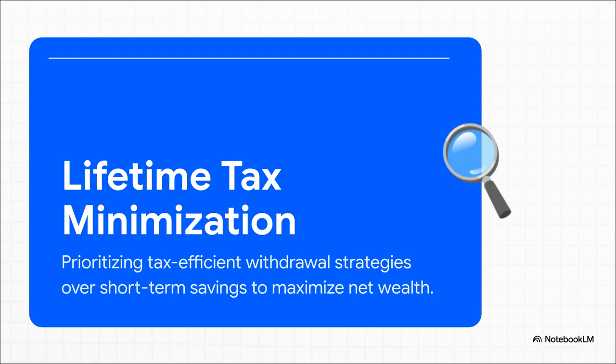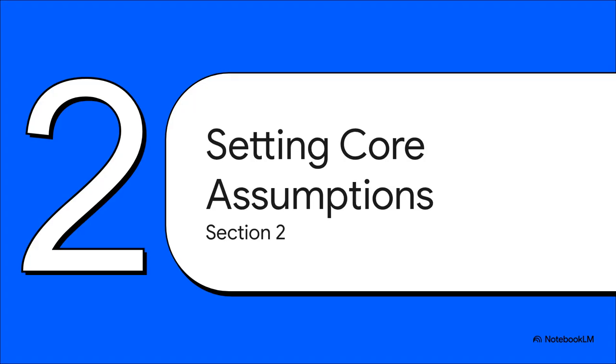Because think about it, it really doesn't matter how much your investments grow if you just end up giving an unnecessary chunk of it right back to the government, all because you pulled from the wrong account at the wrong time. This tool gives you visibility into the long game. It helps you sequence your income so that over your entire lifetime, your tax burden is as low as legally possible.